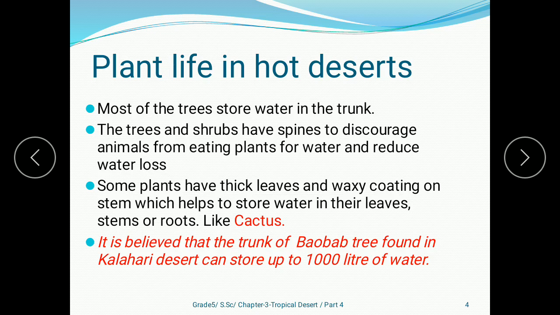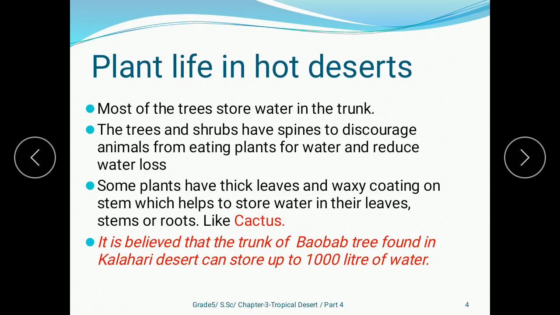Some plants have thick leaves and a waxy coating on the stem, which help to store water in their leaves, stems or roots, like the cactus. I hope you all have seen the cactus. The cactus has thick leaves, spines, and a waxy coating on its stem, which helps the cactus store water in its leaves as well as in its stem.